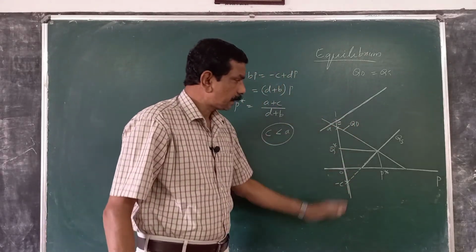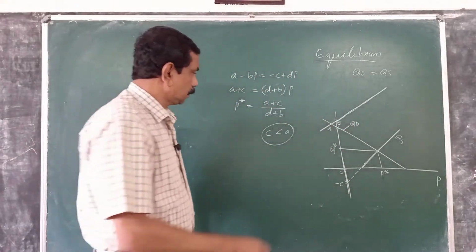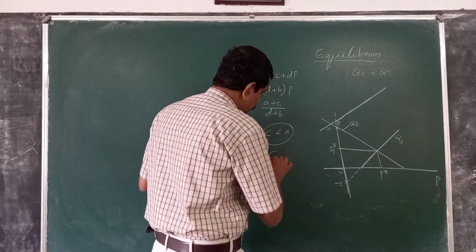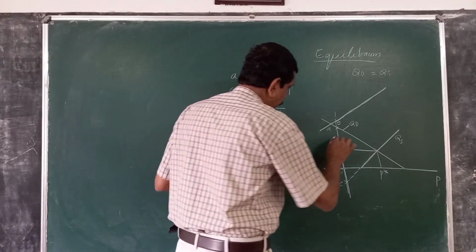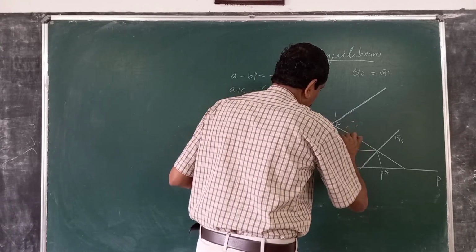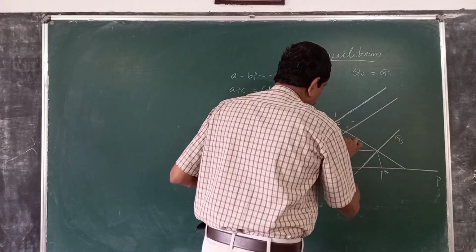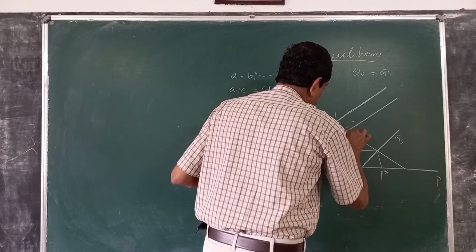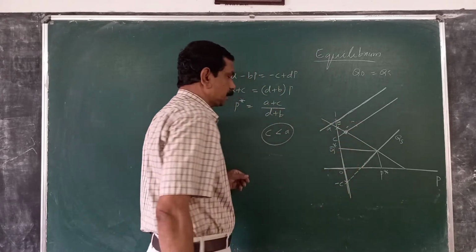And this will not make any economic sense. Suppose that C is positive, but C is less than A, and you have C here. So, in equilibrium there is a positive price.